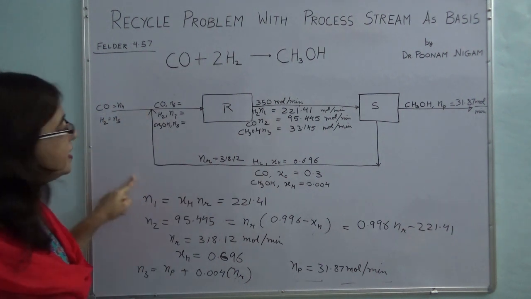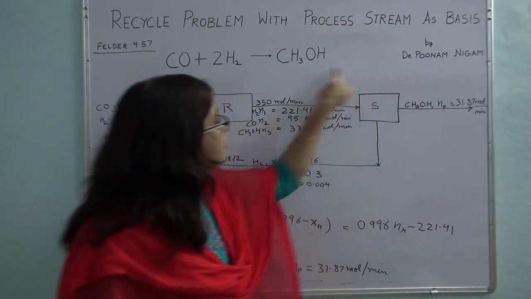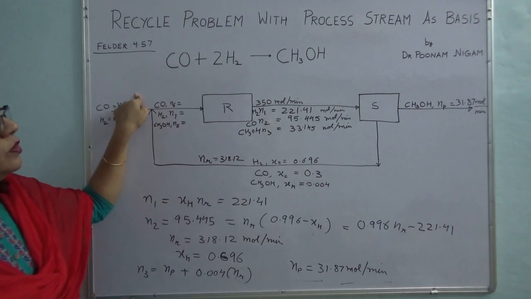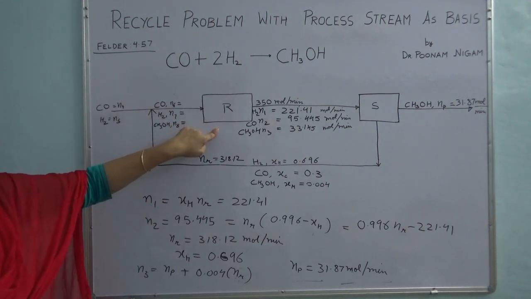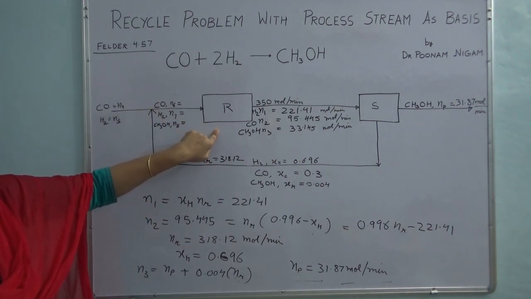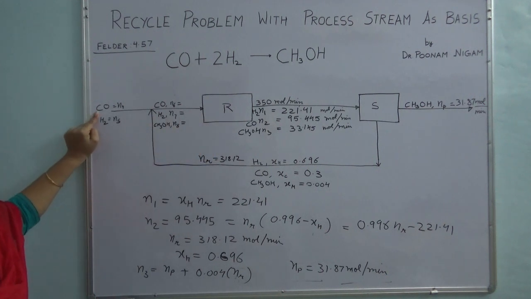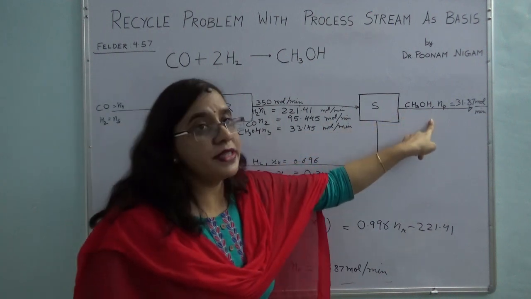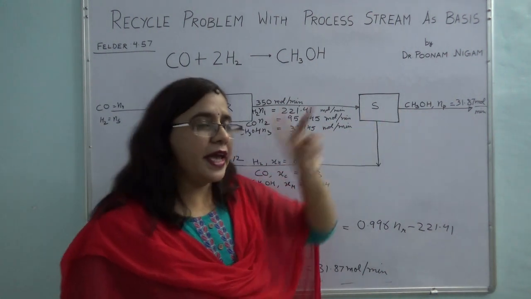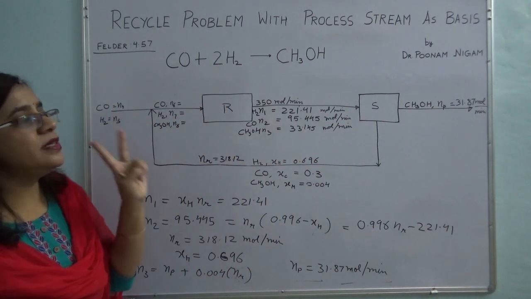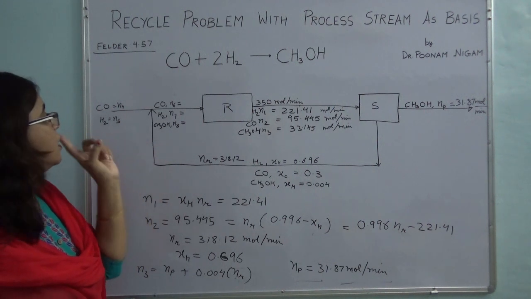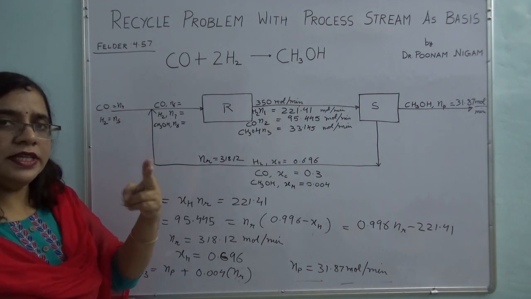So now because I know my product stream, let's try overall balance. If I take the entire system, because there is a reactor over there, let's try atomic species balance. Again you will see that C and O, they appear in the same ratio everywhere. So I have only 2 independent atomic balances, that is carbon, either carbon or oxygen, and hydrogen.